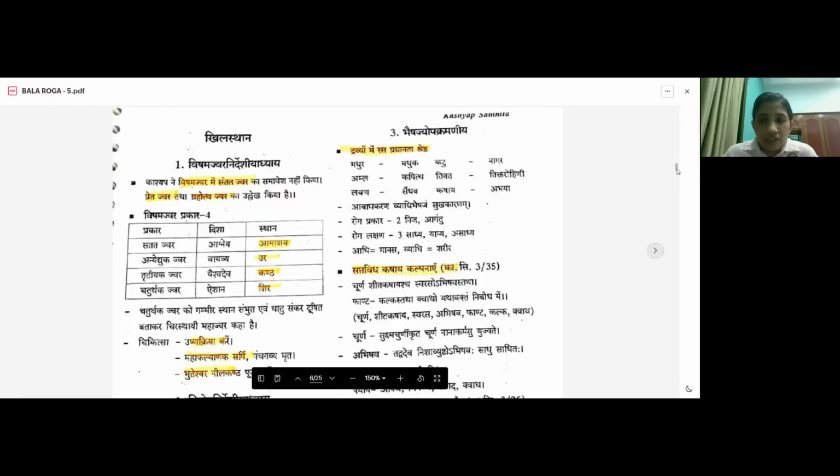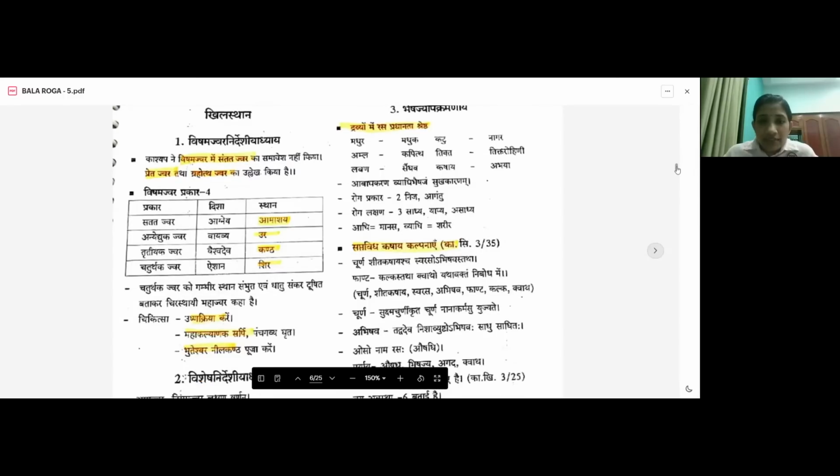And he also mentioned Saptavidha Kashaya Kalpana. According to Kashyapa, the Kashaya Kalpanas are 7, whereas other acharyas mentioned 5 types of Panchavidha Kashaya Kalpanas. What are they?